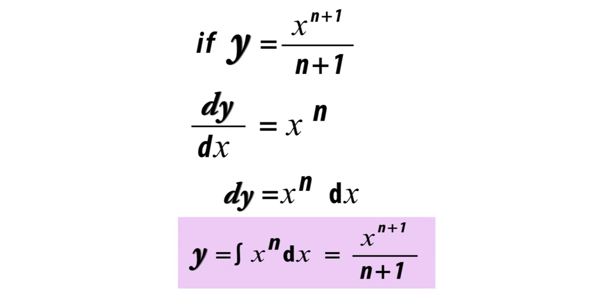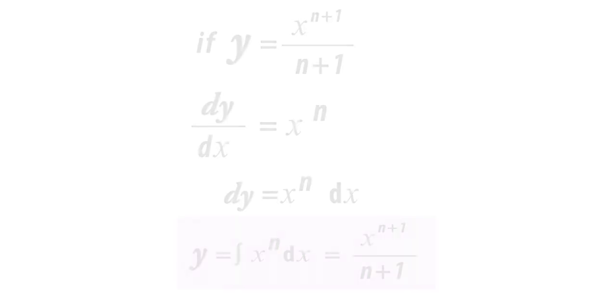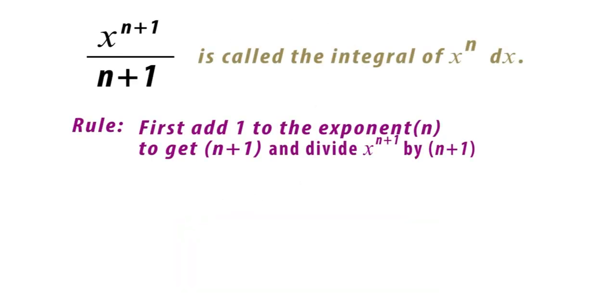So to get back to y, we integrate. So y will be equal to the integral of x to the exponent n dx, which is equal to x to the exponent n plus 1 divided by n plus 1.